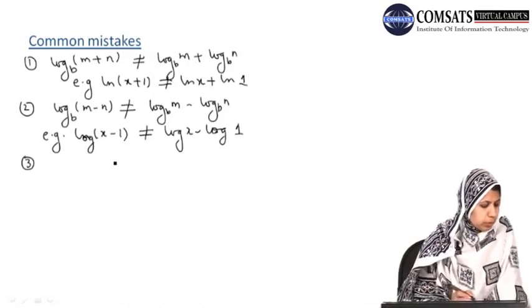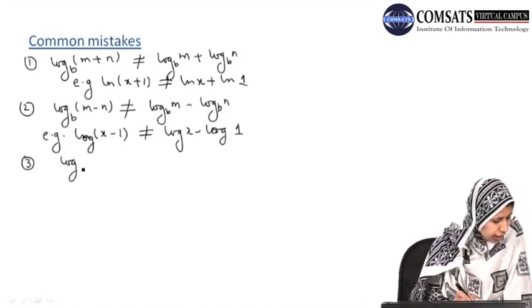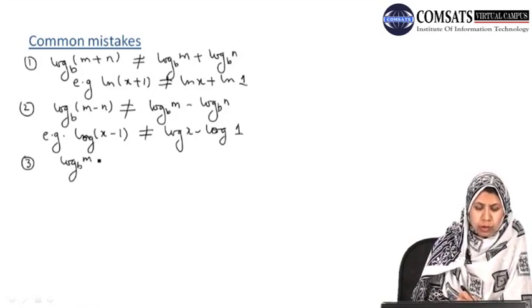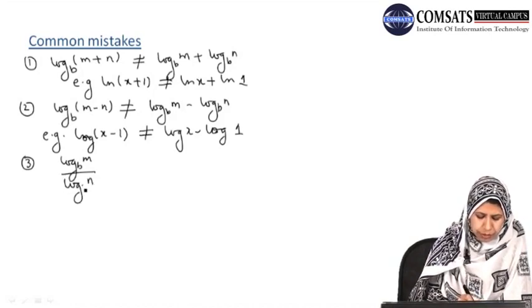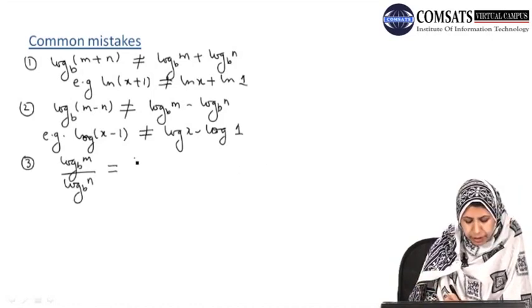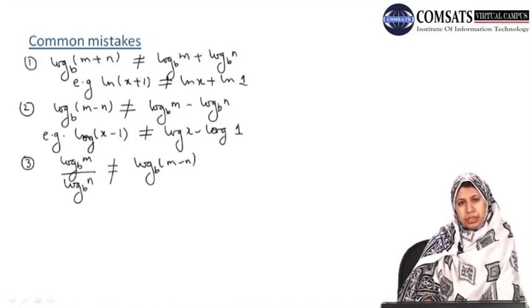Third common mistake is something to do with the ratio. If we have two logs in the ratio form, that is, log of m to the base b to log of n to the same base, we simply write it as log of m minus n to the same base, and they are in general never equal to each other.